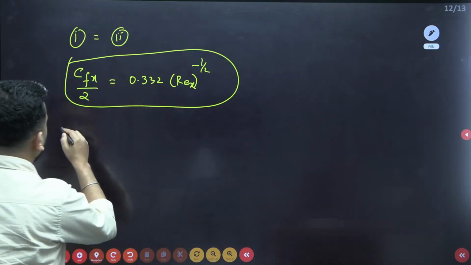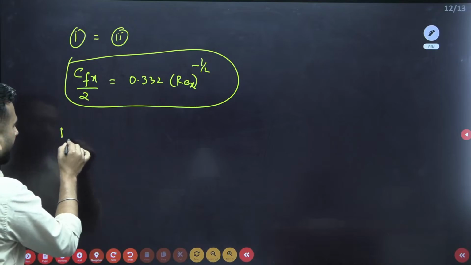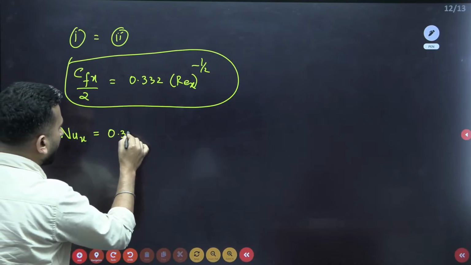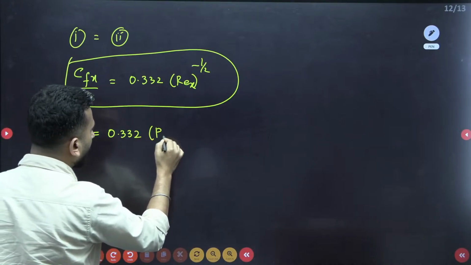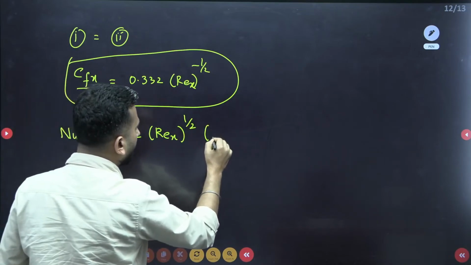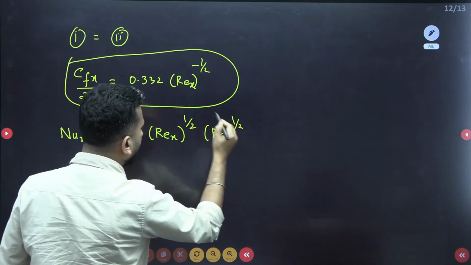Now from heat transfer concept, you know that Nusselt number x is equal to 0.332 Reynolds number x to the power 1 by 2, Prandtl number to the power 1 by 3. This we know.